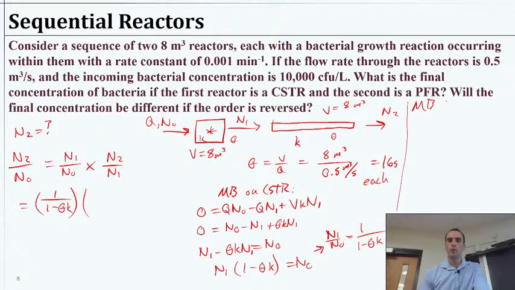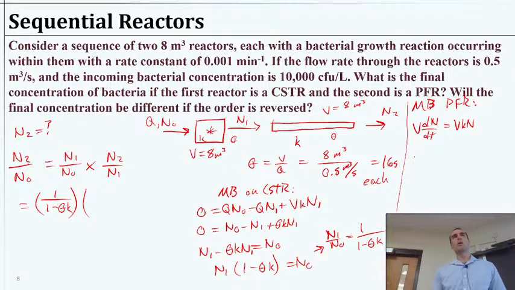So the mass balance for the plug flow reactor is going to act like that batch scenario where we have a growth reaction, V times VKN. This time we will say, we're going to take this from N1 to N2 as our endpoint.